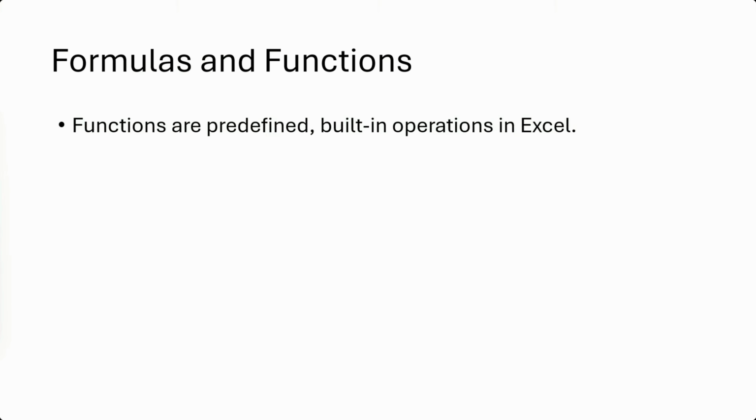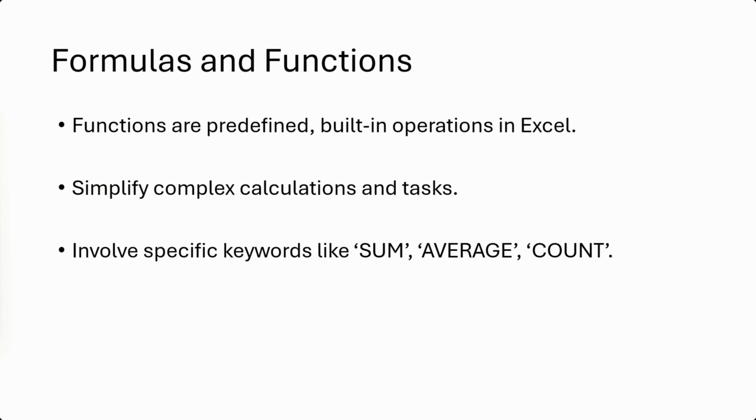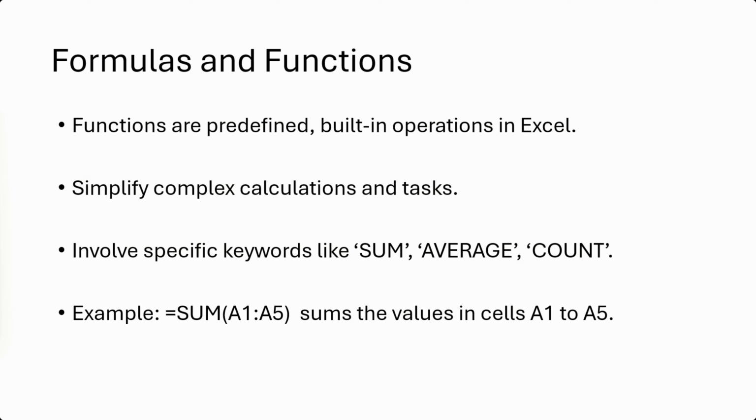On the other hand, functions in Excel are predefined, built-in operations that perform specific calculations or tasks. They are designed to simplify complex or repetitive tasks, making data analysis more efficient and accessible. Functions can handle various operations, including mathematical calculations, text manipulation, date and time operations, statistical analysis, and logical tests. They use specific keywords like sum, average, and count.